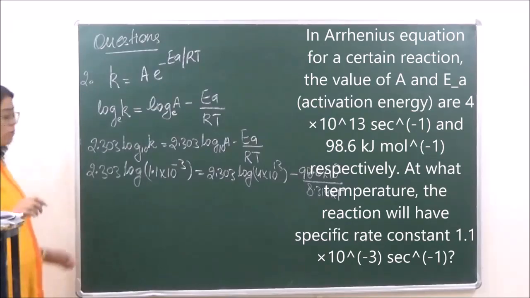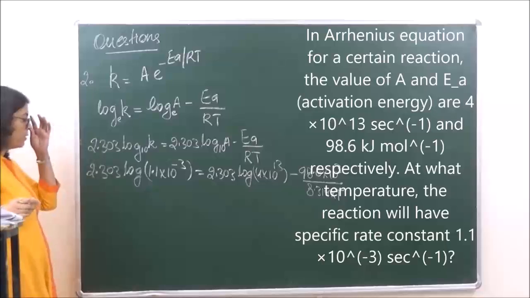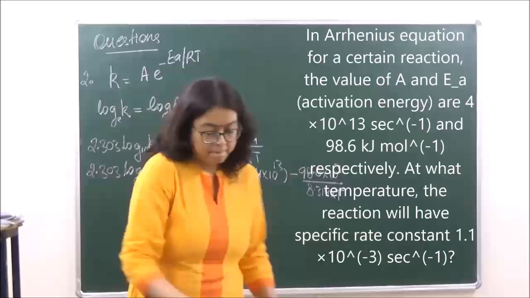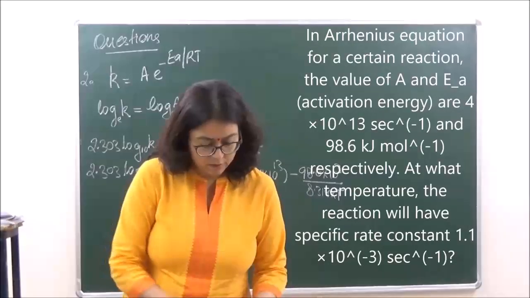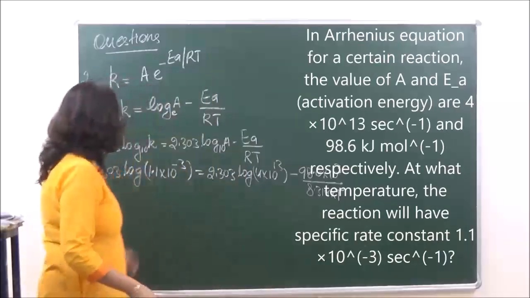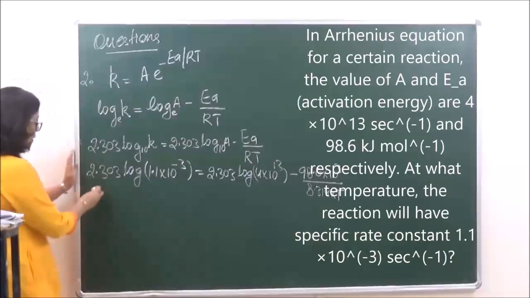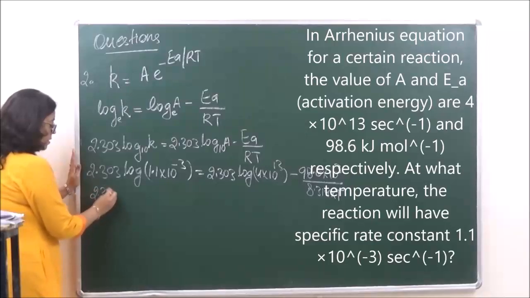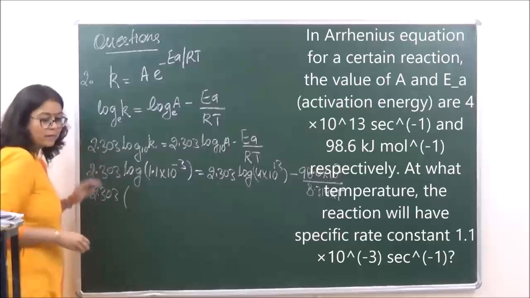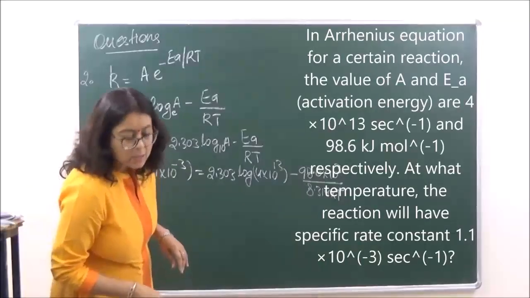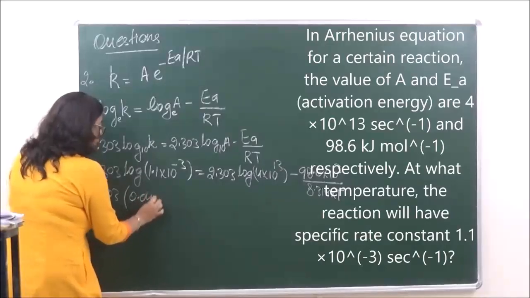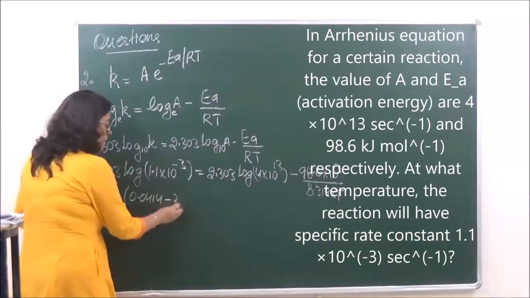So when we are talking of 2.303 log of 1.1, the log of 11 is equal to how much? The log of 11 is 0.0414. Okay, so we put the value of log over here, 2.303 into log of 1.1, the value that was coming as 0.0414, so it is going to be 0.0414 minus 3.